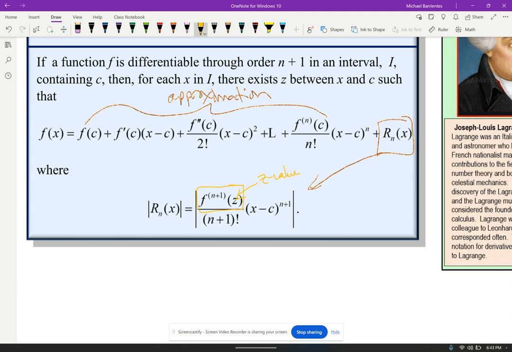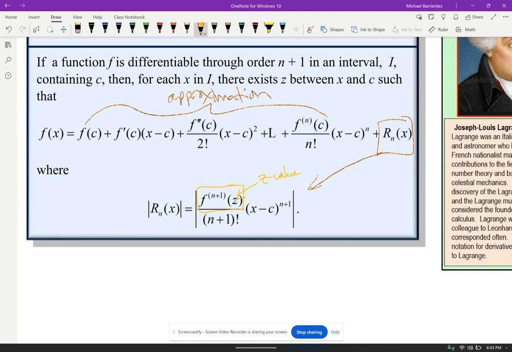So Lagrange is saying there's this special number that exists that if you take the n plus 1th derivative and divide it by n plus 1 factorial and multiply it times the x value that you were trying to find minus the center to the n plus 1 power, you're going to get the exact remainder that would make that approximation equal the original function.